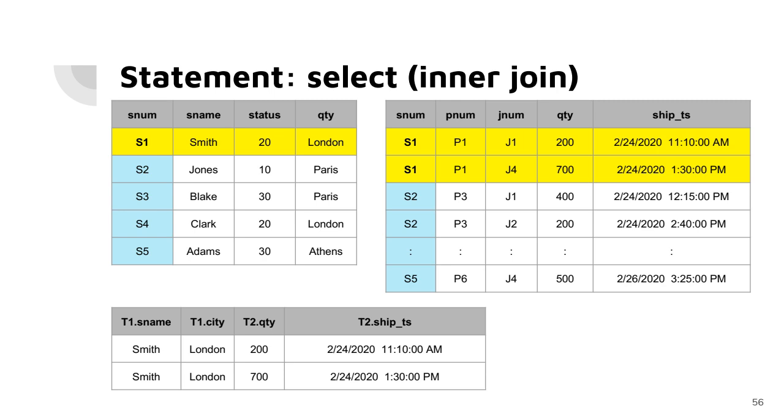So in this case, we just get all the shipments from Smiths. You can do the same and then join, for instance, some parts, and then you get all shipments of a certain part. Then you get the additional attributes of parts, or you can join with projects, and then you can get all shipments of a certain project, and so on.